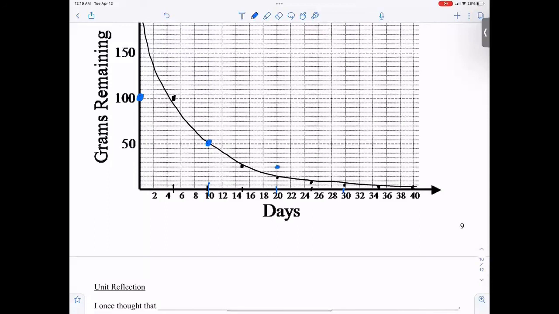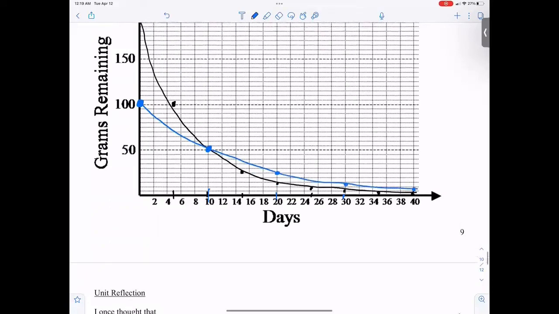At 30 days, now you're at 12 and a half. And then finally at 40 days, you're down to a little between 6 and 7. So this would represent the decay rate of thulium-167.